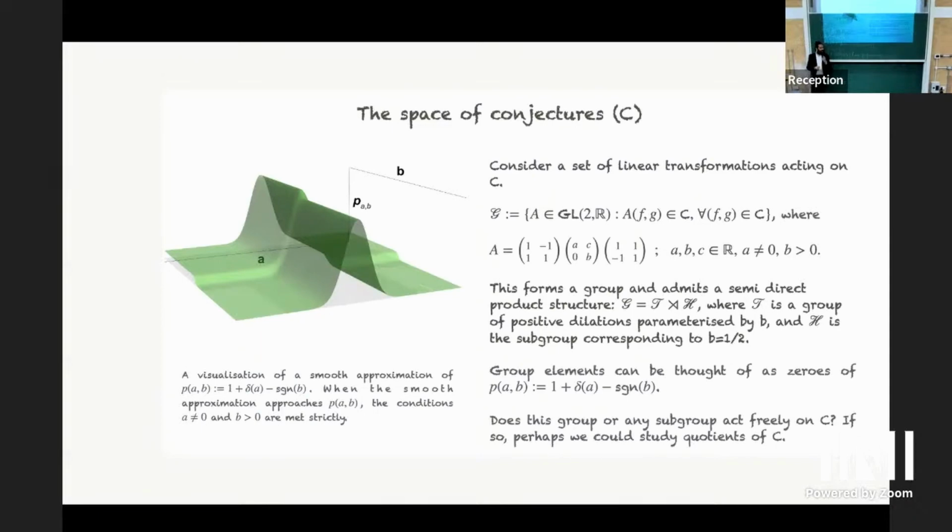You're asking an important question, because one reason a conjecture might be important is the impact it has on generating other conjectures, that they bring us closer to generating a vast amount of new mathematical results. We don't have a definitive way of doing this in a principled manner. Through this group action, we have one potential way of looking at some parts of this space. Does that answer your question?